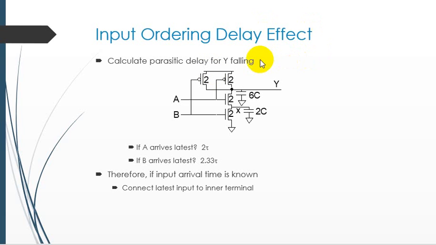So here we are going to calculate the parasitic delay for the output, and this circuit is basically the circuitry of the NAND gate in which we are going to find out the delay estimation.